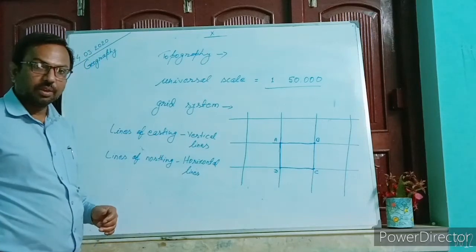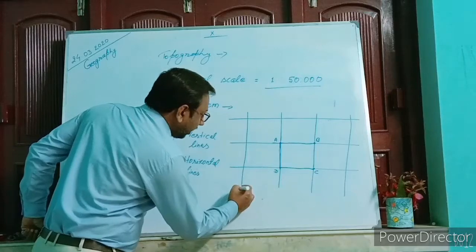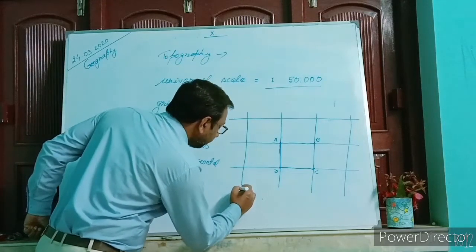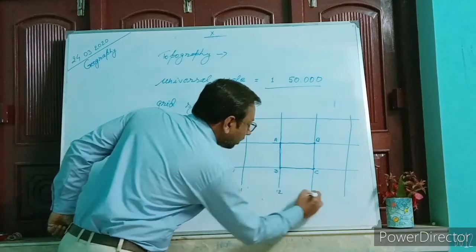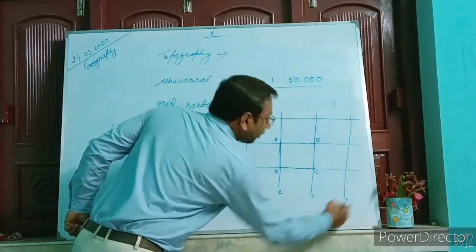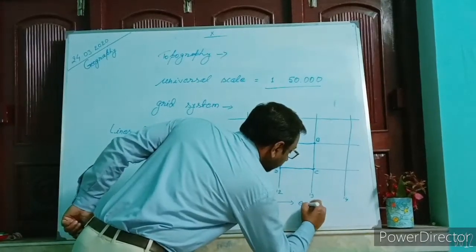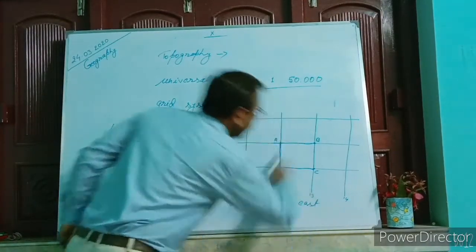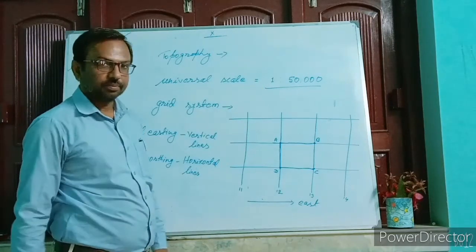Why do we say so? Because the values of all these vertical lines increase towards east. Suppose this is 11, next is 12, 13, 14. You are seeing these values are increasing towards east. So these vertical lines are called lines of easting.